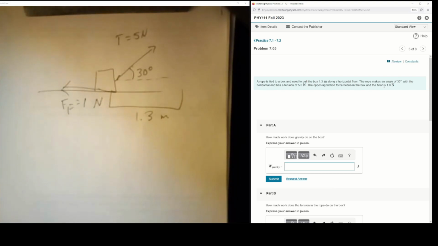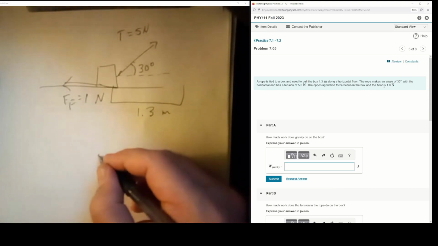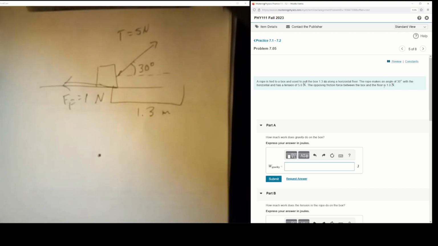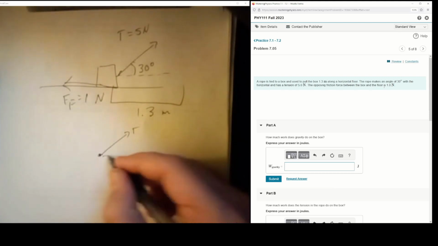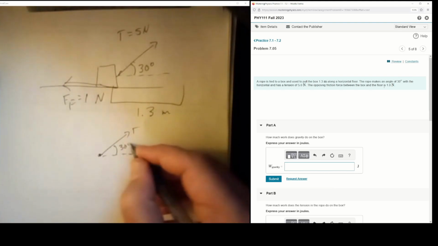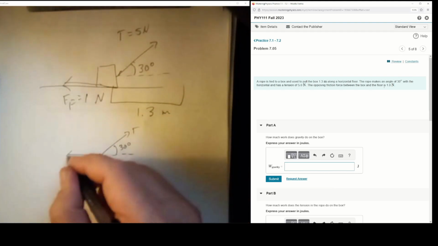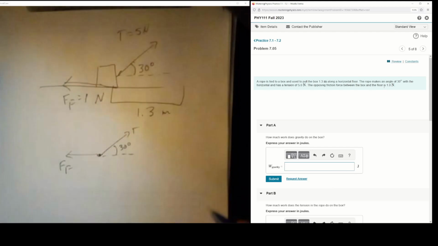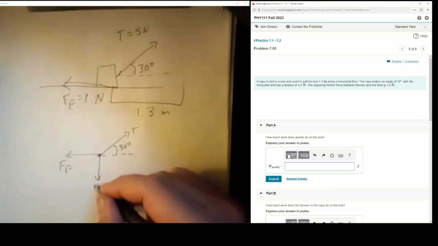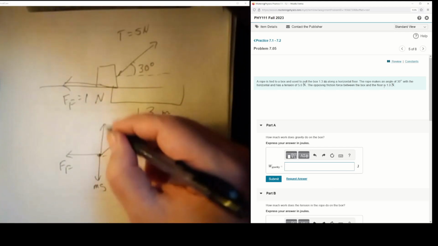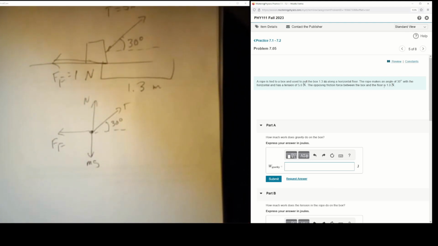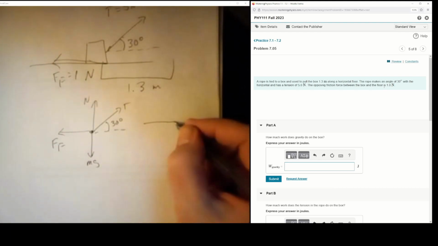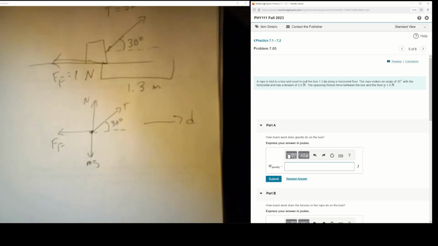So there's my picture. It might be helpful to go back to free body diagrams here, since we have our tension going off this way at 30 degrees. We have the force of friction, opposing motion. We have the weight going down and the normal force going up. That would be our free body diagram here. Now our box is going to move to the right because we're pulling it to the right.